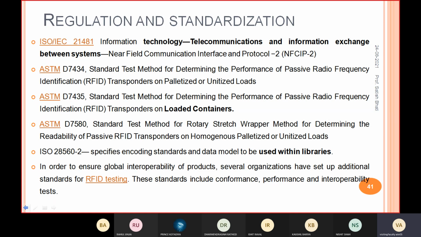Then there is a standard test method for determining the performance of passive radio frequency identification.